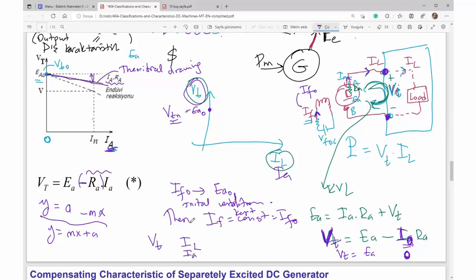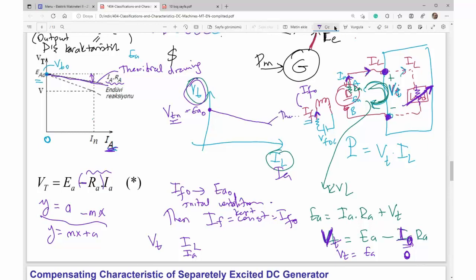To change load current, we need an adjustable load. We change the load rheostat, so we adjust load current and armature current, and then terminal voltage changes, and you observe and record terminal voltages. You see that there is a smooth decrease in voltage. That is the theoretical one.